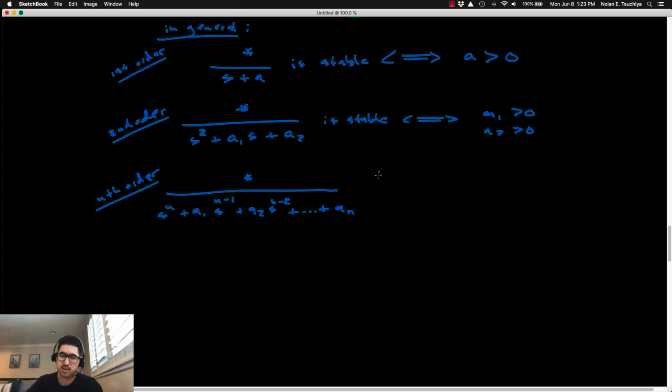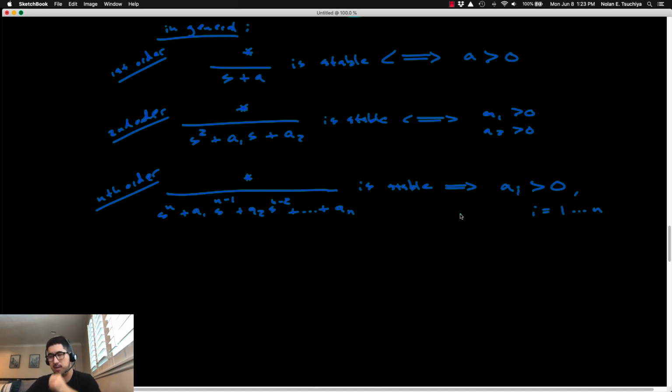In this scenario, this transfer function can be said to be stable if all of the coefficients a sub i are strictly positive for i equal to 1 to n. But this is only a necessary condition. It's not necessary and sufficient.